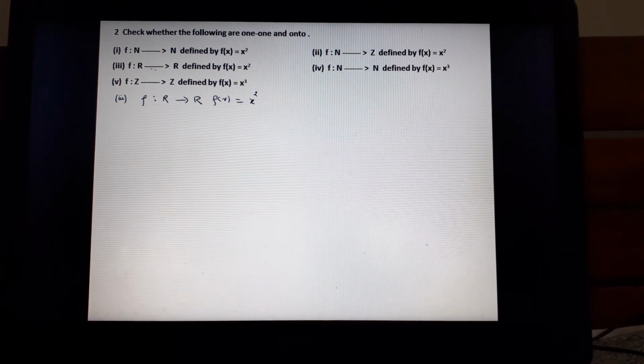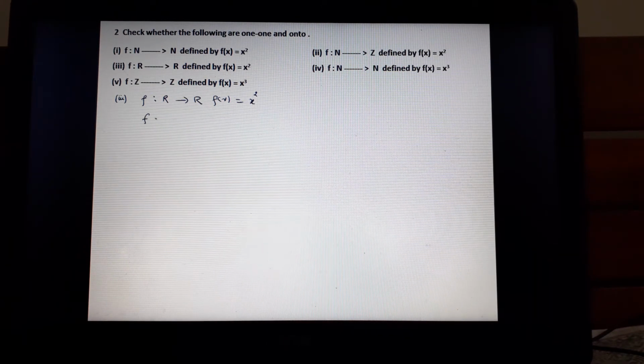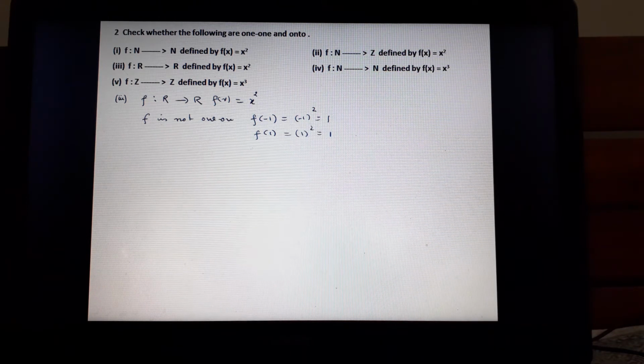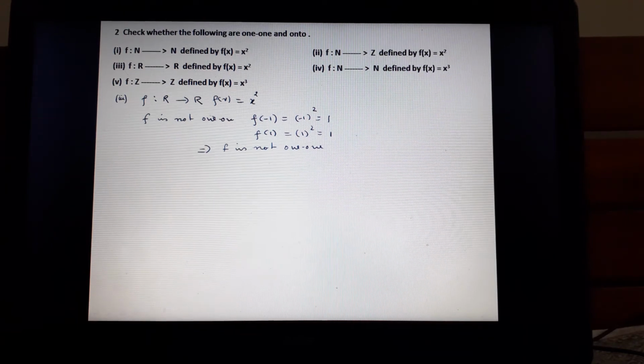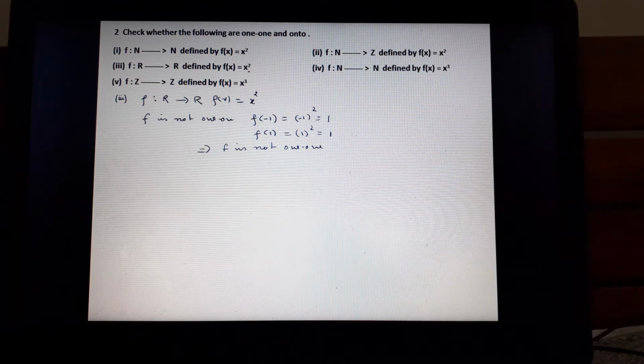So definitely it is not 1-1, because f of minus 1 is minus 1 square, 1. f of 1 is also 1 square, 1. So minus 1 is going to 1, plus 1 is also going to 1. This implies f is not 1-1. Second, it is not onto because all the images are positive, whereas R contains negative as well as positive.